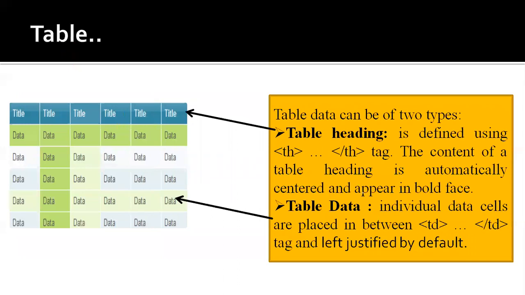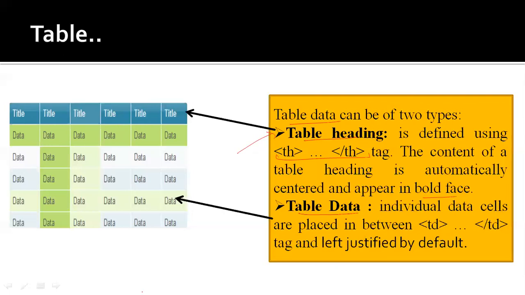As you can see from this table, table data can be divided into two categories. First category is the table heading and second category is the table data. Table heading is defined using TH tag. By default, the content of the table heading is automatically centered and appear in boldface.